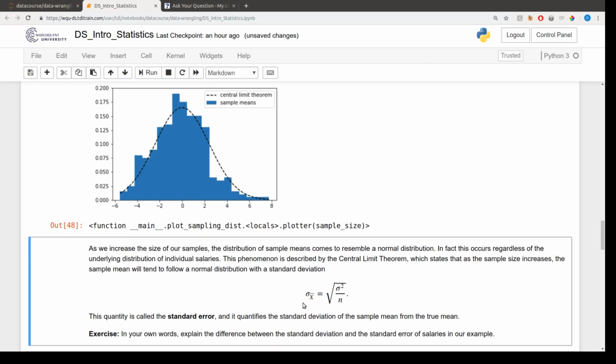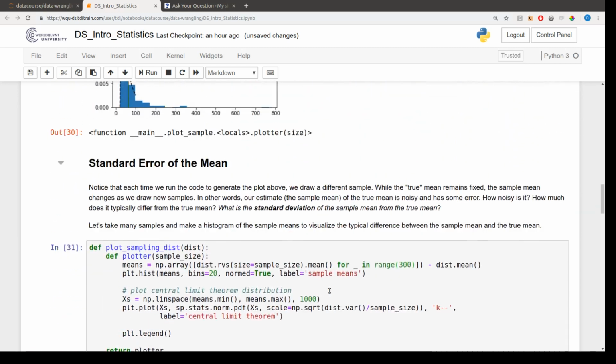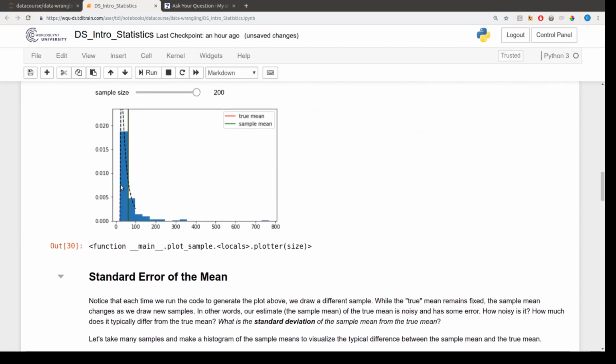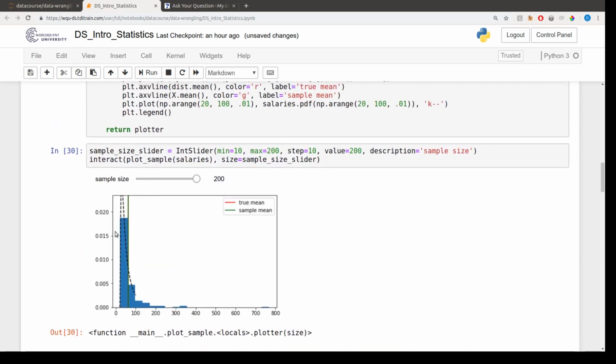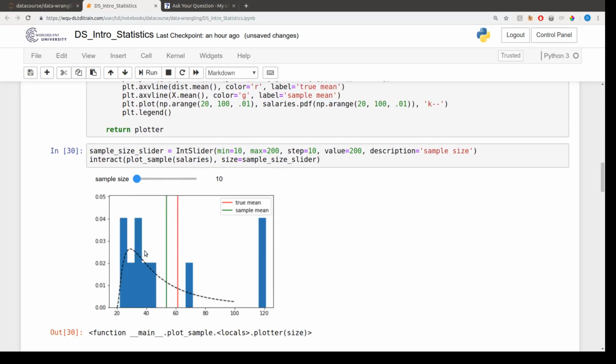So the standard deviation of the sample mean, which we call the standard error, equals the square root of the variance, the square of the standard deviation, of the distribution of salaries, that's this black dashed curve, the distribution of salaries.